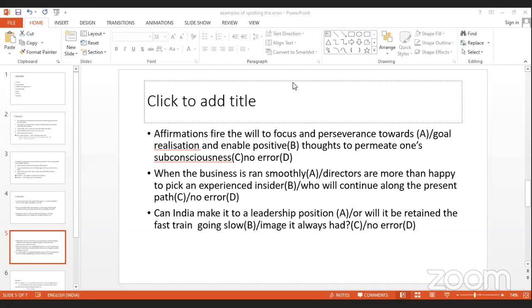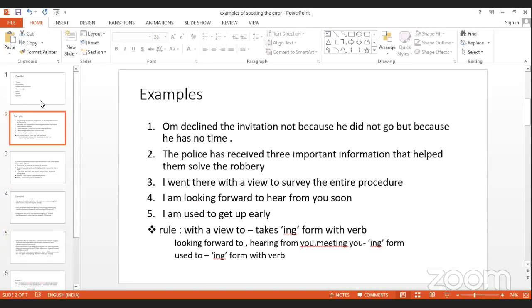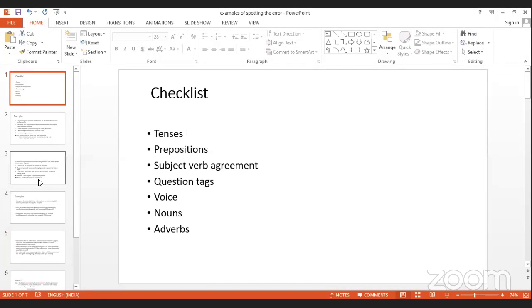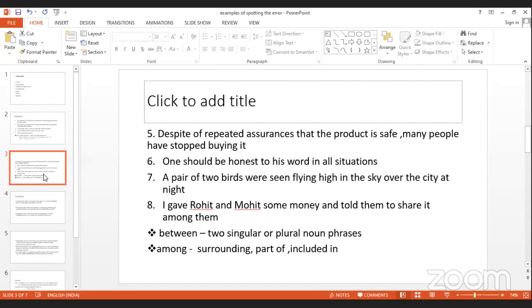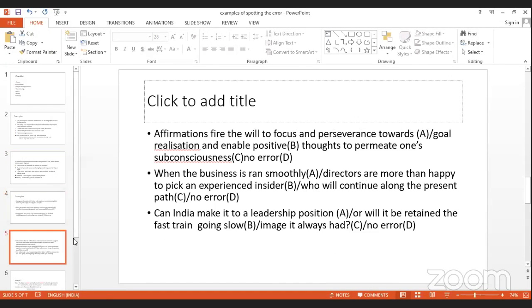It is when the business is running smoothly. Now, this also I had told you in the previous class. Let's check the previous slide. Okay, I think it's not in this slide. All right. When the business is running smoothly, instead of ran or run.